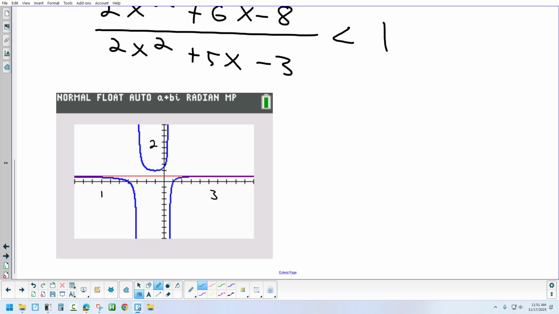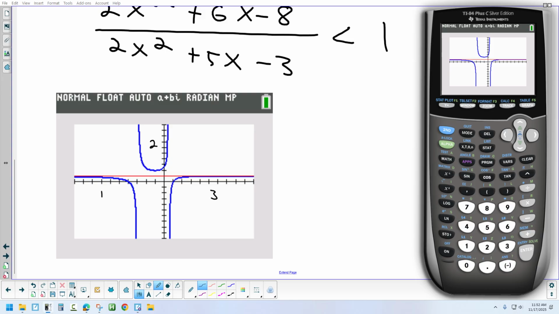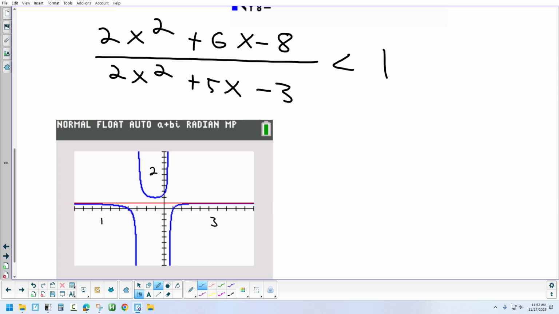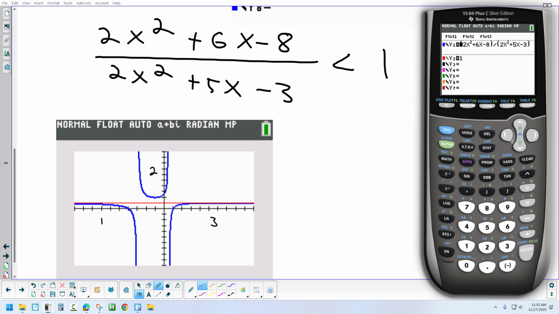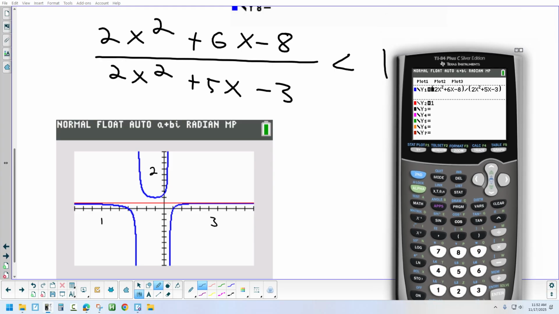Parts 1 and 3, whether it actually crosses, like in part 1, it looks like to me it's staying underneath it, but part 3, it's getting pretty close. It might actually cross in part 3, and we'll have to figure that out. Okay. But part 2, I would say we can pretty safely ignore. Let me just make sure I got everything typed in right. Yeah, all looks good.